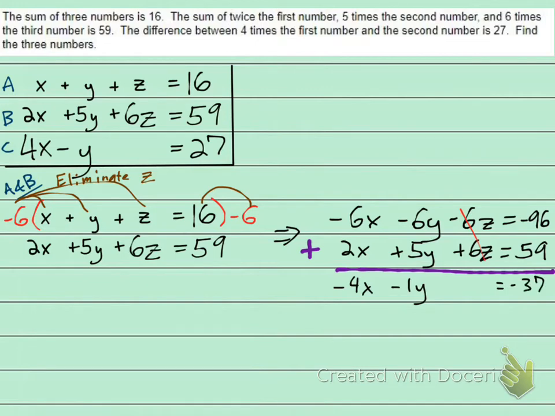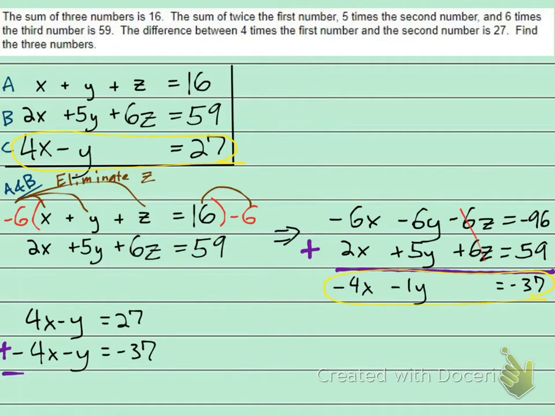All right, so now I have this equation with an x and a y, and I have this equation with an x and a y. I'm going to put those two together, and I will be able to use elimination or substitution to find the answer to one of my variables. So let's go ahead and put them together. And they are already set up for one of these variables to cancel.